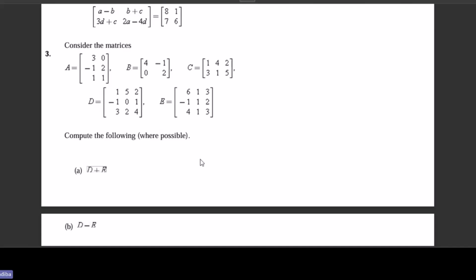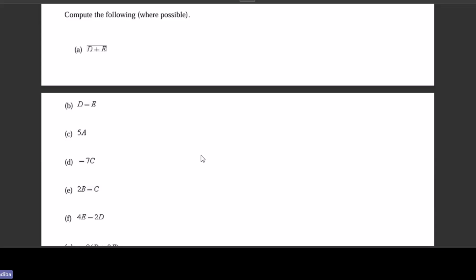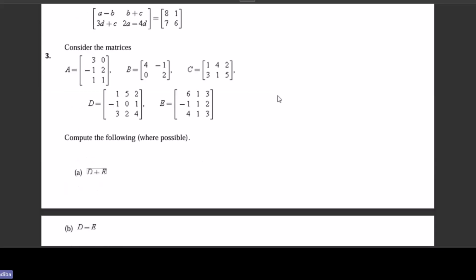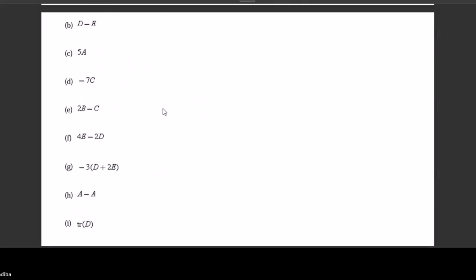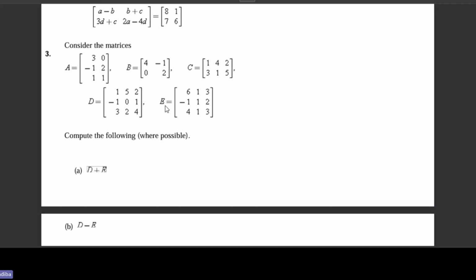So 2B minus C is undefined, based on the fact that B is a 2 by 2 matrix and C is a 2 by 3 matrix. That operation cannot be performed, so that is undefined.